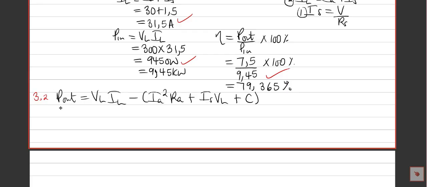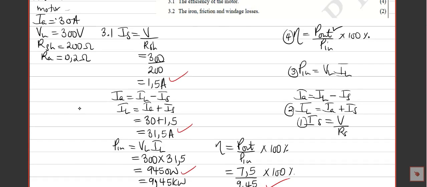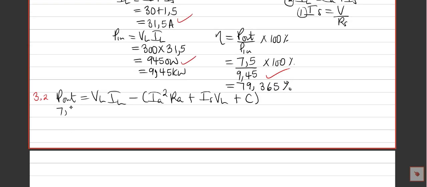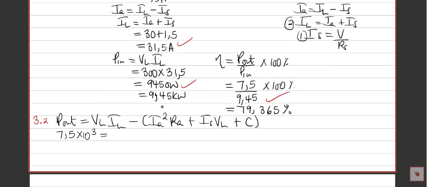My output power was given as 7,5 times 10 to the power 3. This is my input power, I already found this value, 9450, minus, let's use a square bracket.